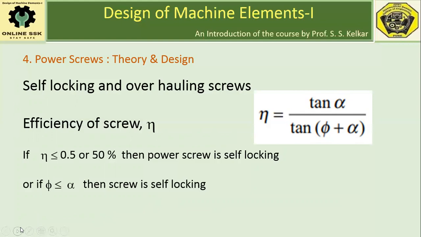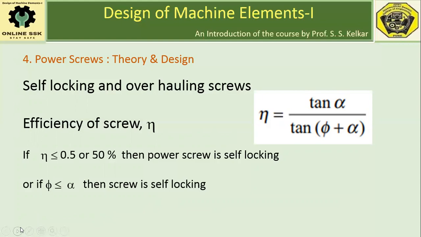So self-locking and overhauling, both kinds of screws have their own applications. Generally in practice we need a self-locking screw for different applications. There are a few applications of overhauling screws also, but generally we need a self-locking screw.